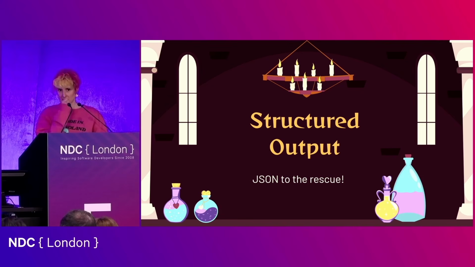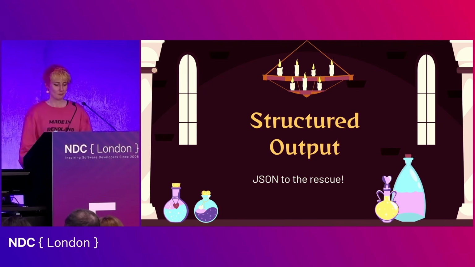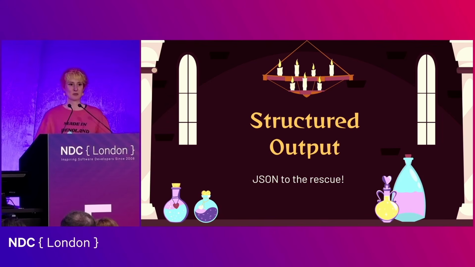So one way that we can help tame the chaos of this output is by adding some structure to it. And the way that at least JavaScript developers like to add structure to things is with JSON. Just because the model is non-deterministic, it doesn't mean that our schema has to be. So we can define a super clear structure.